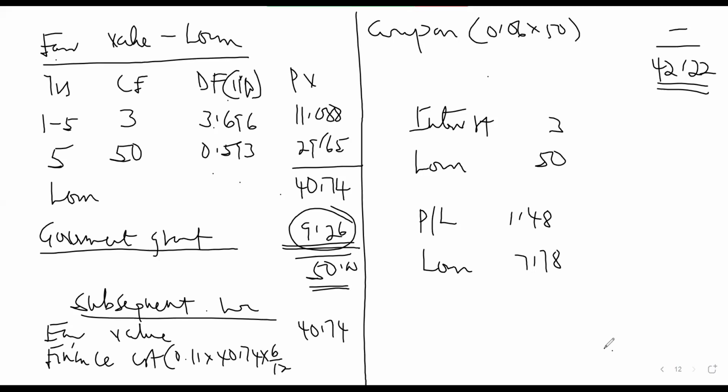Okay. So let's come to the finance cost. The finance cost should be 0.11 times 40.74 minus 0.5, 2.24. Okay, plus 40.74.